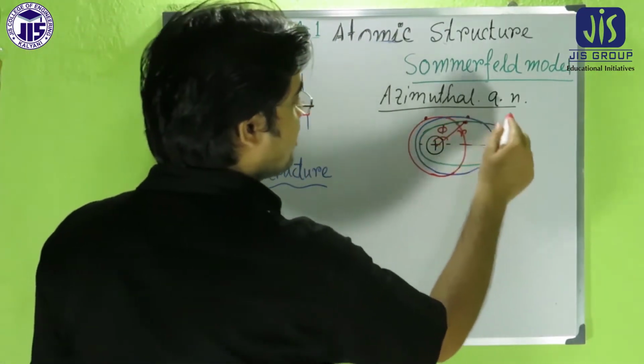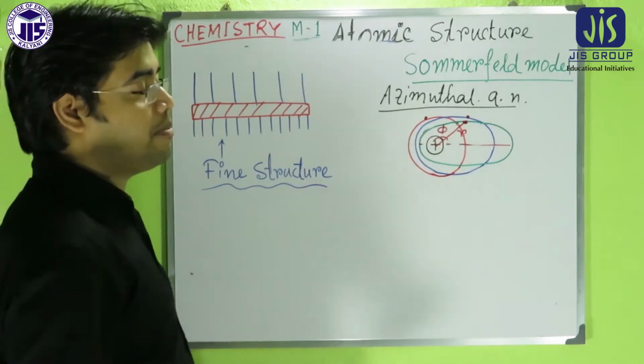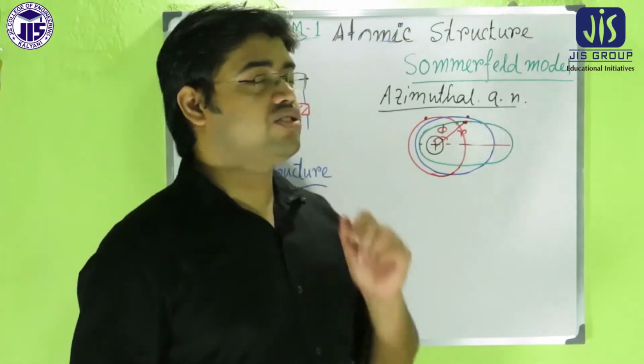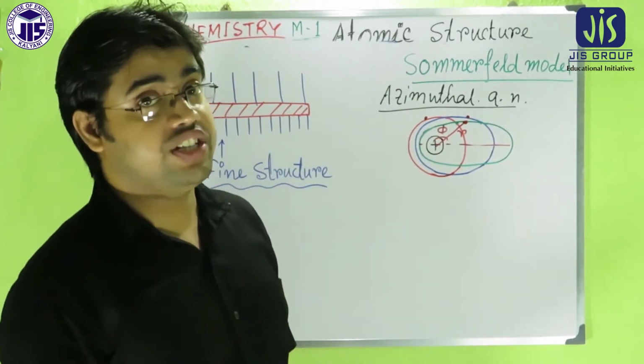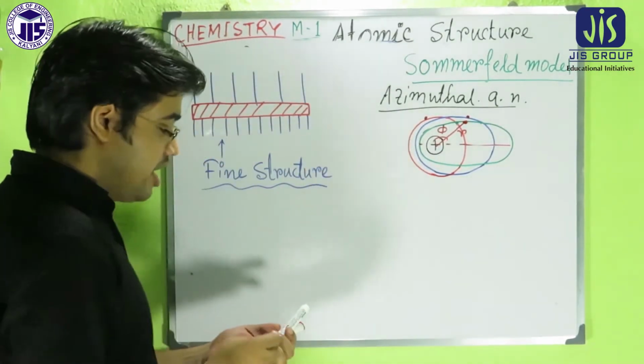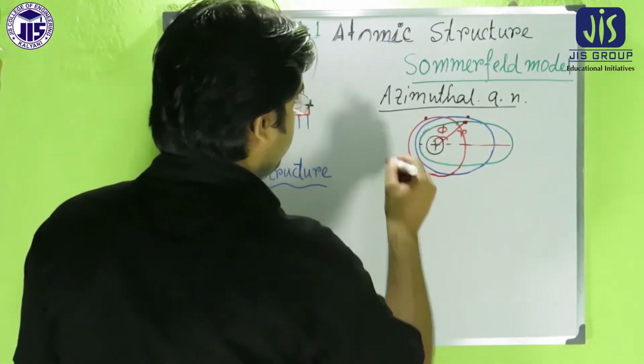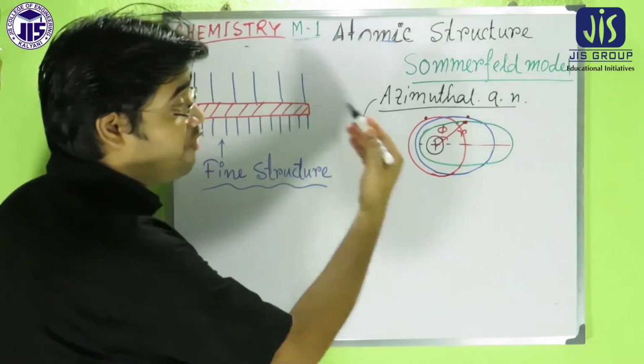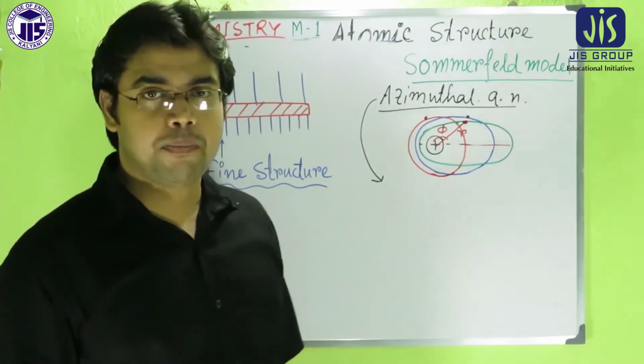So when one electron revolves through that elliptical orbit, the angle and the radius will be continuously changing. And that's why Sommerfeld introduced a new quantum number called the azimuthal quantum number. And what is the significance of the azimuthal quantum number?